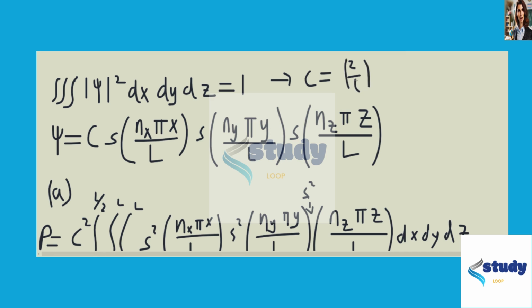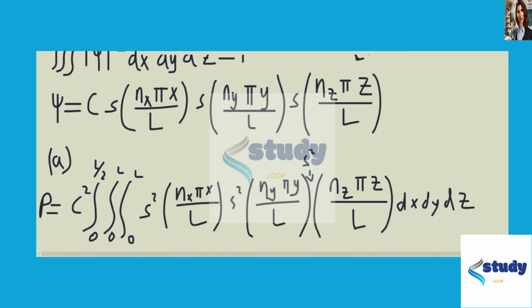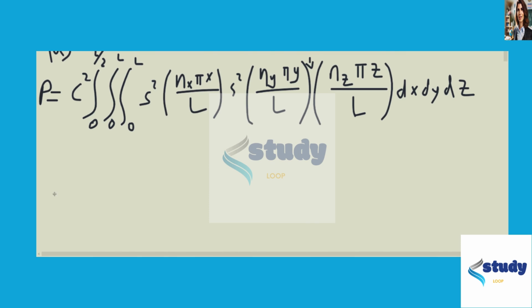So when this is equal to 1, c is equal to 2 over L to the 3 halves. Of course, c is getting squared there. So what we have here is the probability is equal to 2 over L to the third, coming from c being squared.